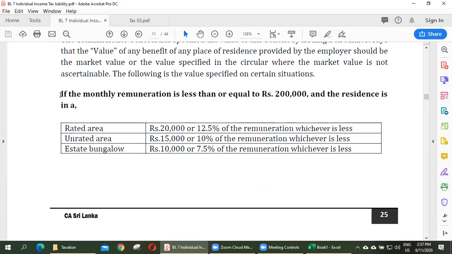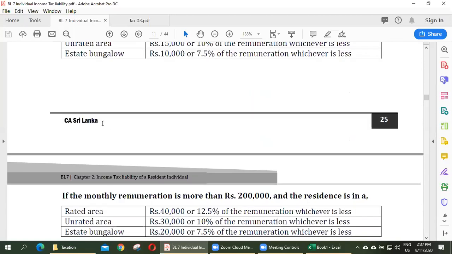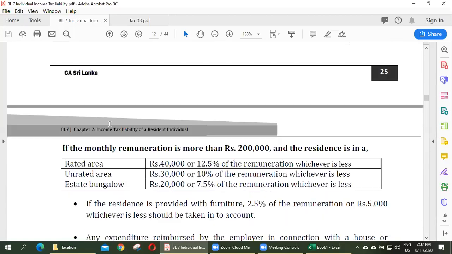We have to use this table, first table or second table. His salary is 400,000. It's above 200,000. Therefore, we have to use this one. 12.5% of remuneration or 40,000. We take 40,000, right?